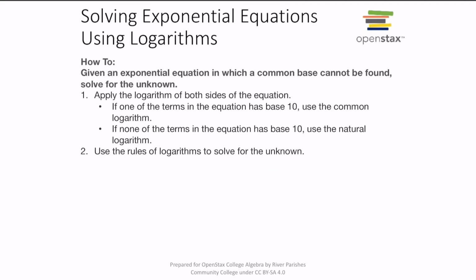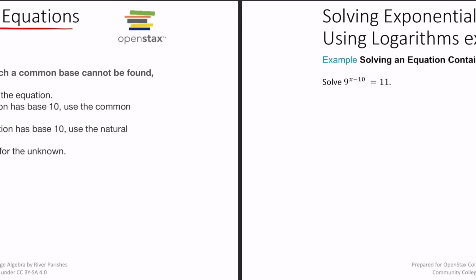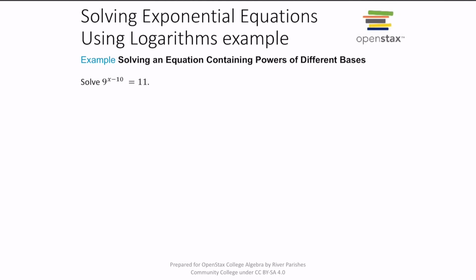Next, let's talk about exponential equations using logarithms. How would you solve exponential equations when you have different bases? We have 9 to the power x minus 10 equal to 11. One way is to apply log on both sides. So log of 9 to the power x minus 10 equals log of 11.